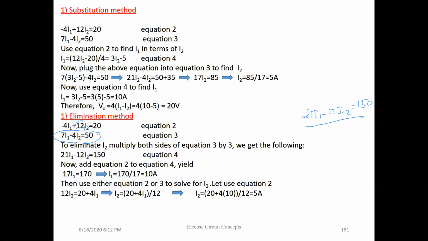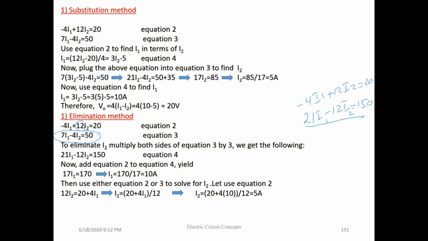Now, if I add this equation, the 21I1 minus 12I2, to my second equation, minus 4I1 plus 12I2 equal to 20.